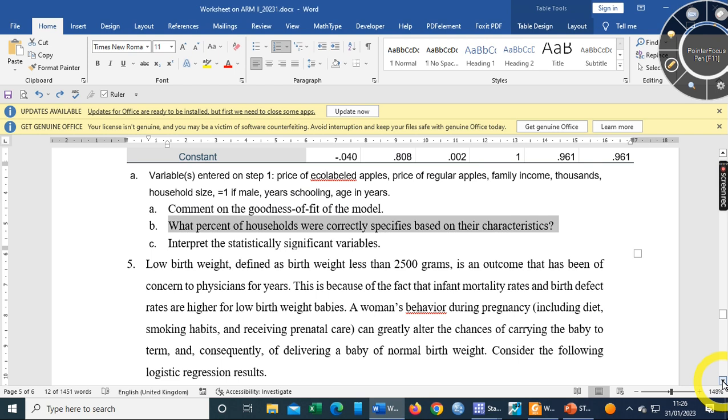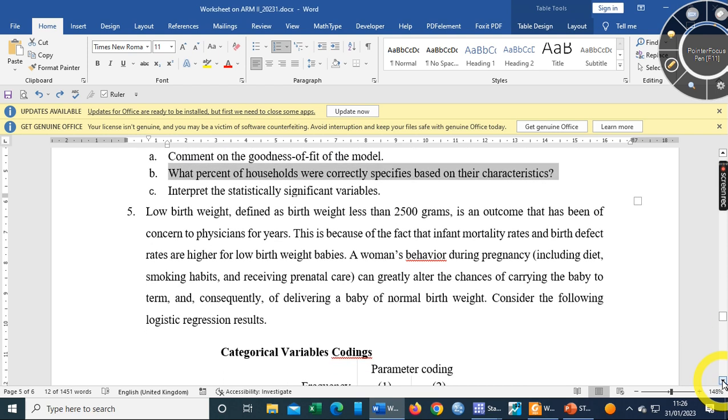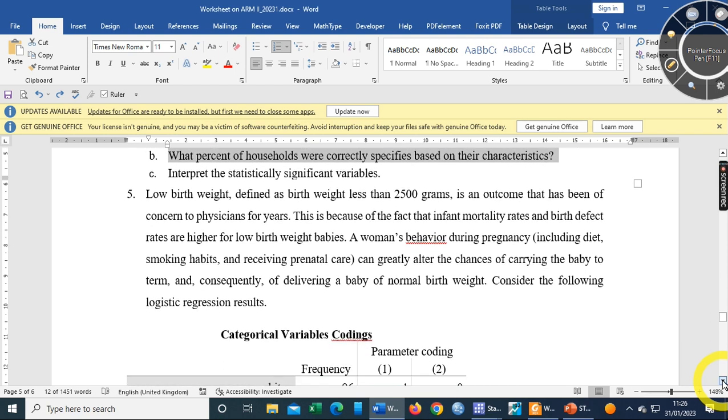Question five is also about the binary logistic regression model. In this example, we are going to determine factors affecting low birth weight. Low birth weight is defined as birth weight less than 2500 grams, that is, babies born weighing less than 2.5 kilograms are called low birth weight.